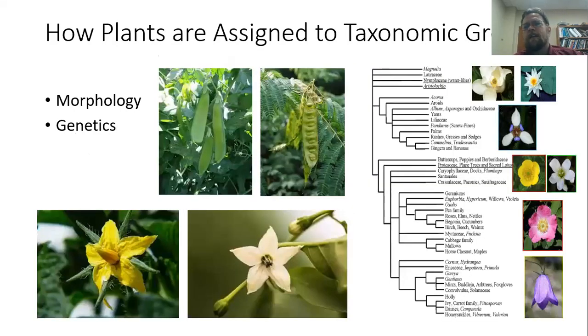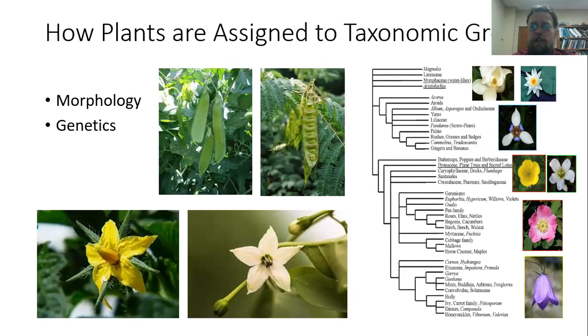And I also want to take just a moment to talk about how plants are assigned to these taxonomic groups. Originally, when the taxonomic system was first designed, much of this was down to the morphology of the plant. And what I mean by morphology is the shape of the structures and the growth habit of the plant.